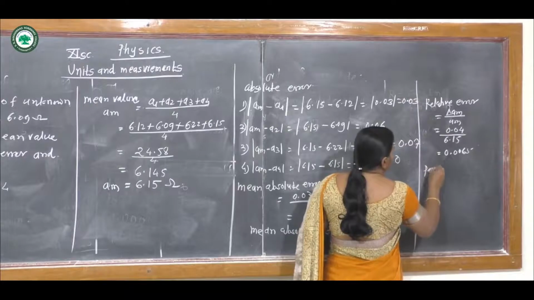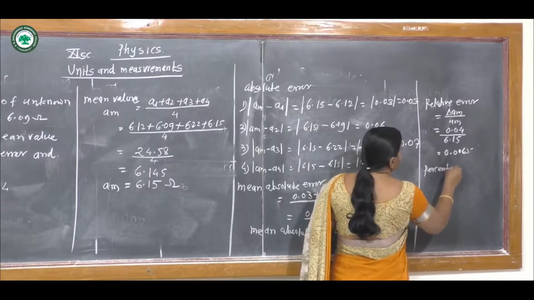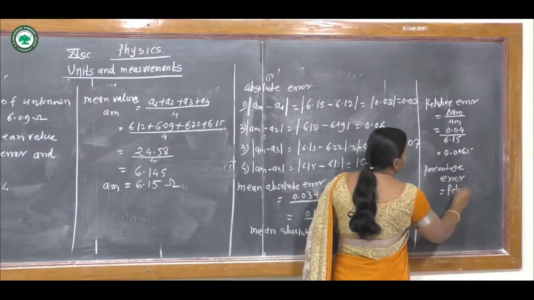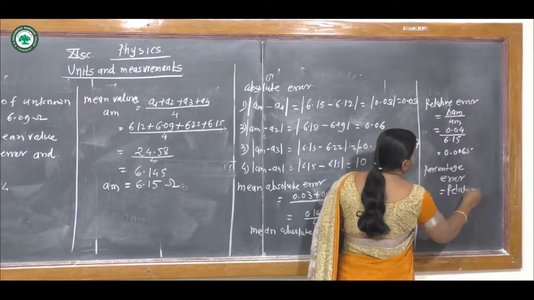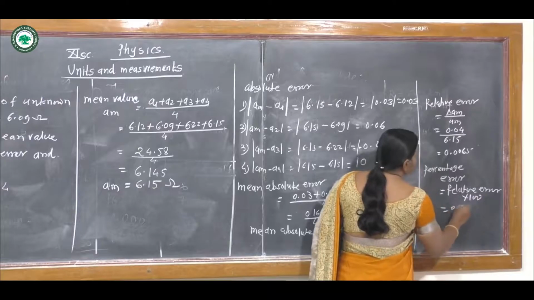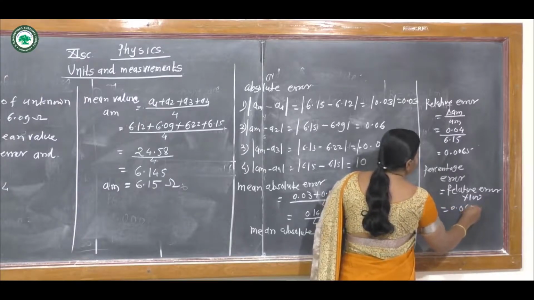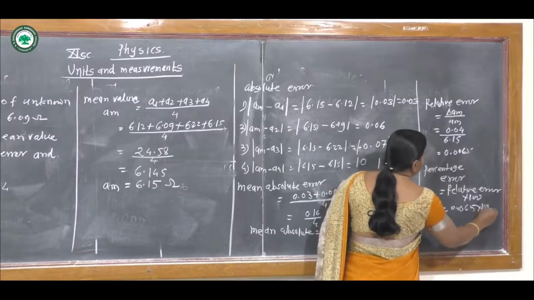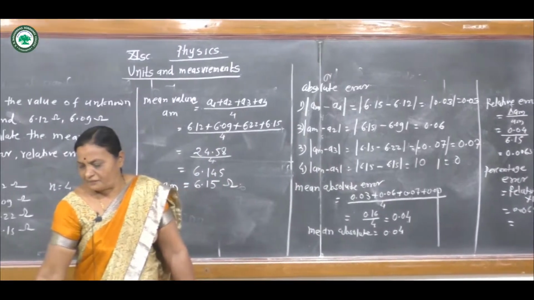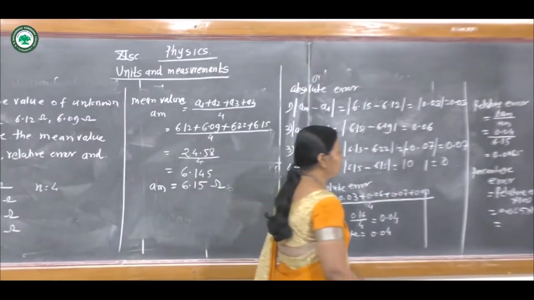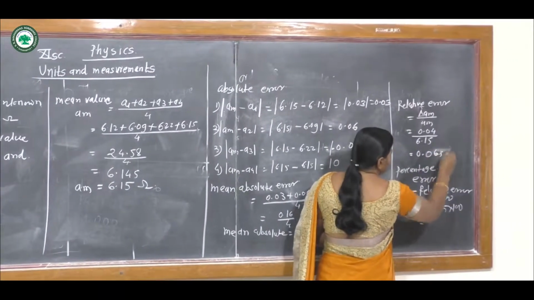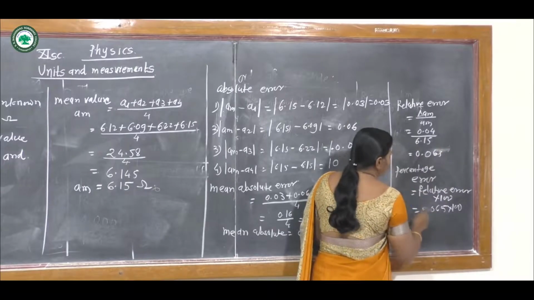The percentage error is equal to the relative error multiplied by 100, that is 0.0065 into 100, and we get the answer 0.65.